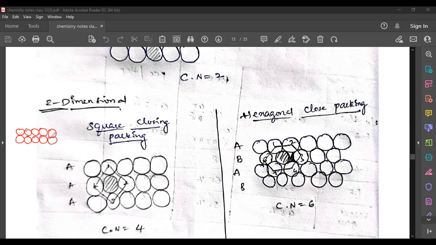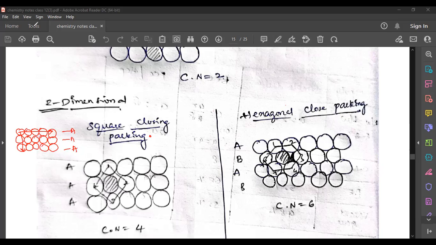This type of arrangement is called an A type arrangement. So this is A, this is also A, and this is also A. This type of packing is called square close packing. There is perfect alignment in this direction and in this direction. This is only called square close packing.